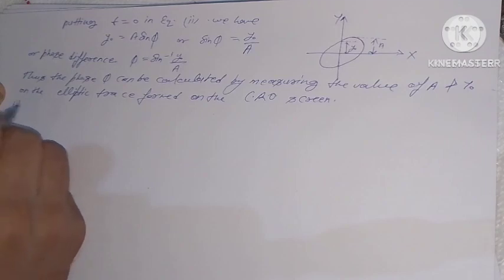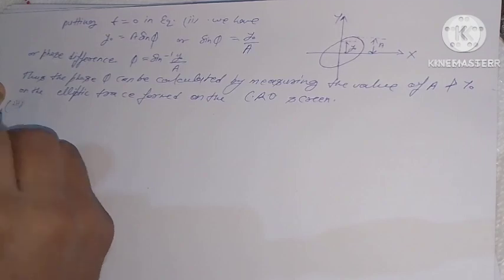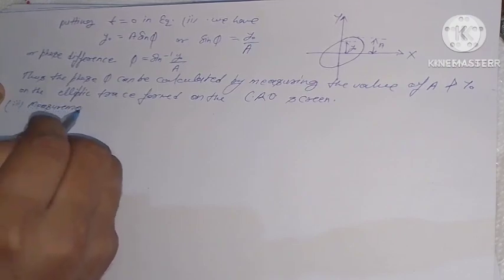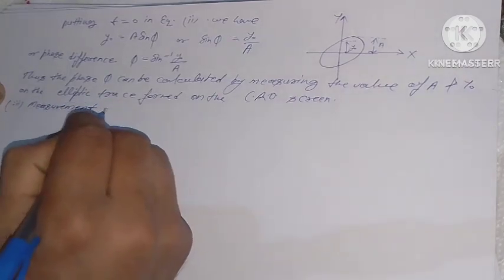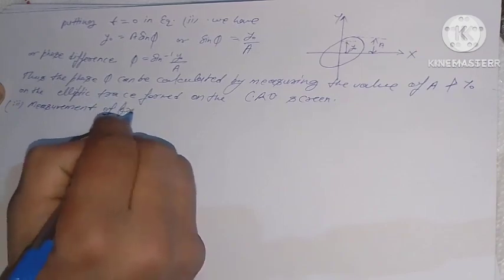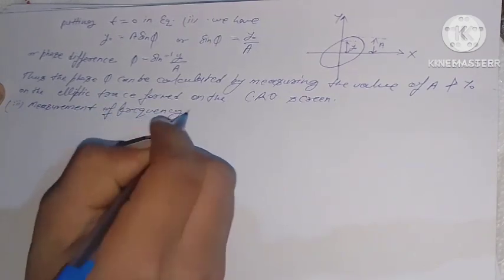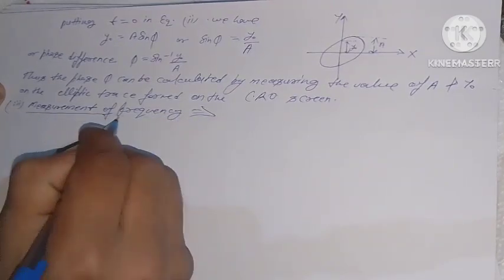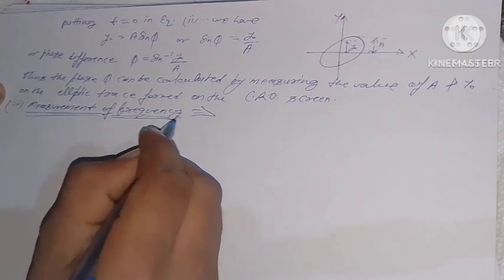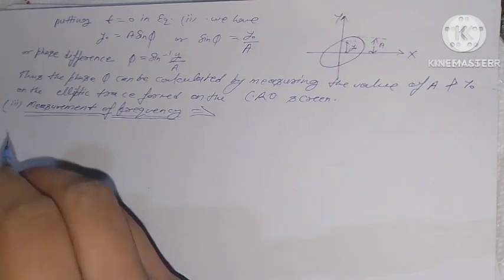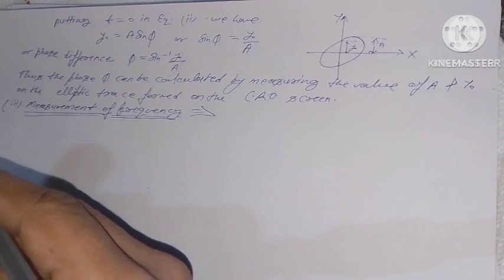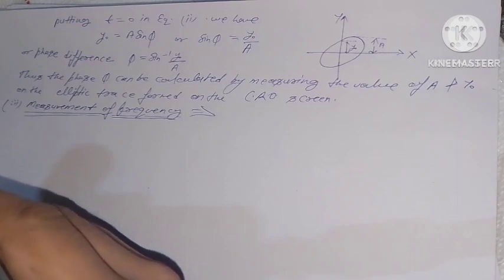Third point, measurement of frequency. The frequency of a given source can be measured by comparing the frequency of the source with that of a standard oscillator.